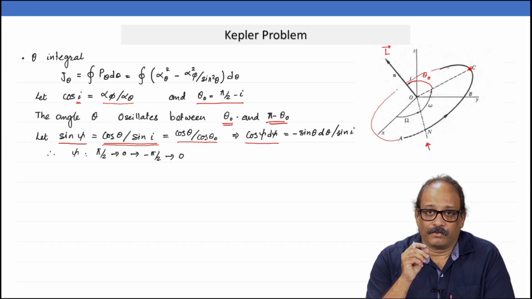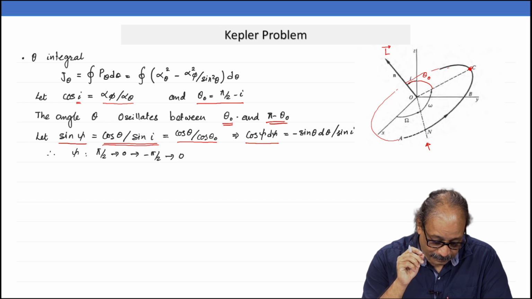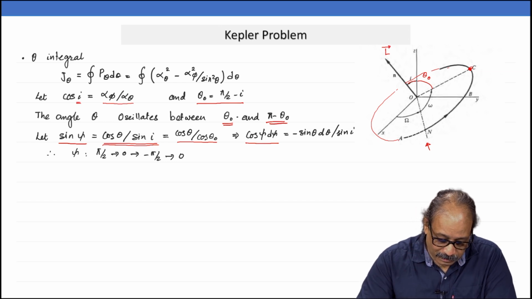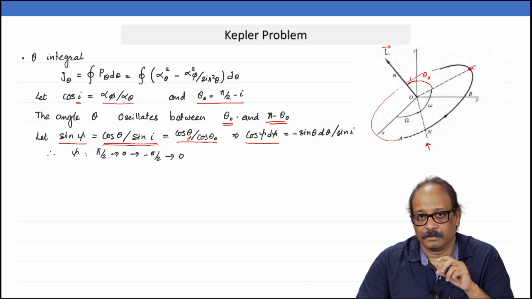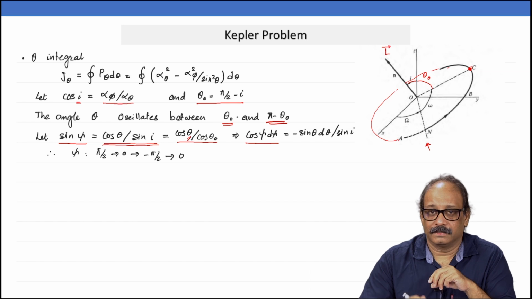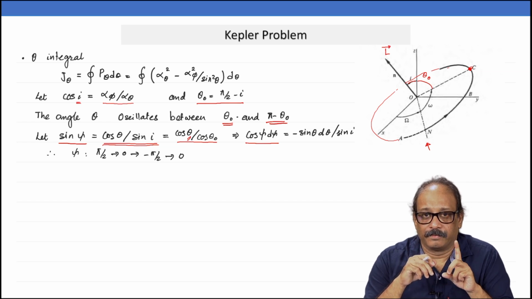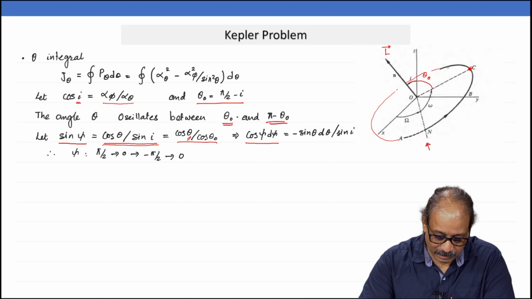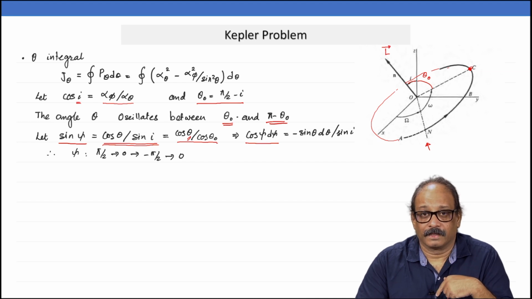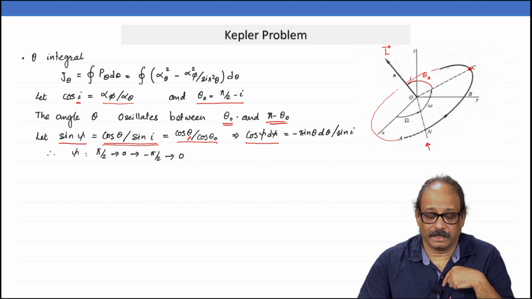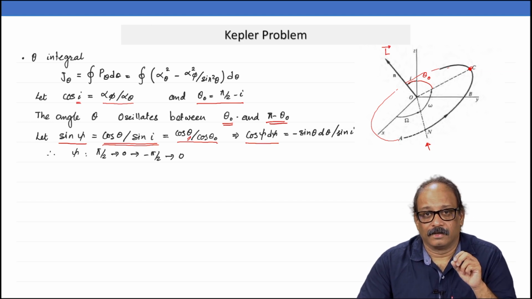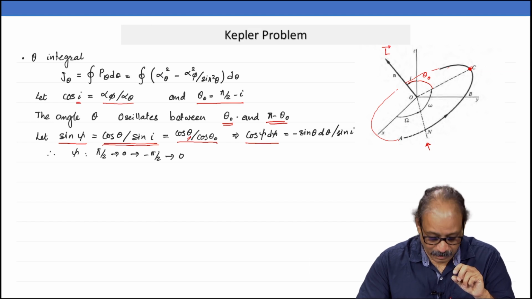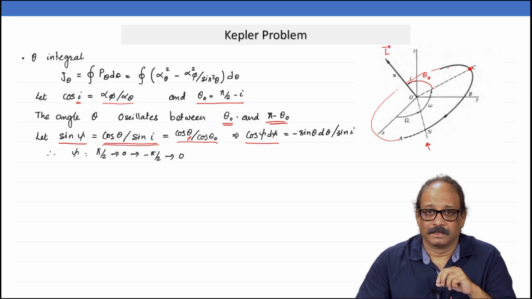Now, what are the limits of psi? Remember, your theta varies from theta naught to pi minus theta naught, which means it goes from plus 1 to minus 1, because we are dividing by cos theta naught there, which means your psi goes from pi by 2 to minus pi by 2 and back to plus pi by 2.